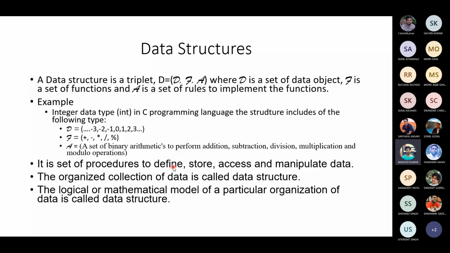In simple layman words, this is a data structure. But if I have to define it very properly, then data structure is a triplet with domain, functions, and axioms, where D is the set of objects, F is the set of functions, and A is the set of rules that implement the functions. So this is how we define data structures. Does it make sense?